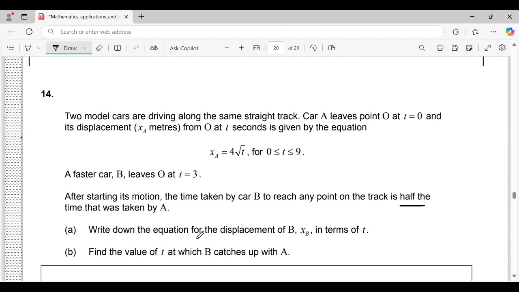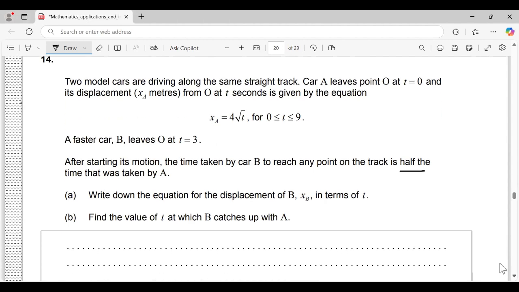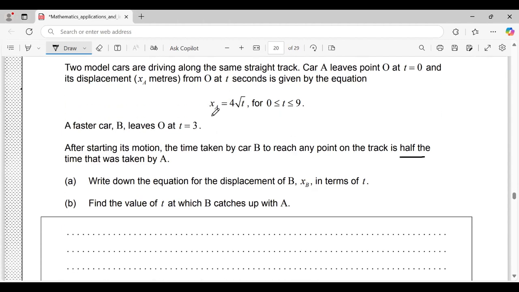Write down the equation for the displacement of B, xB, in terms of t. So we are going to convert this, since xA becomes xB, but in terms of t. According to this information, xA equals 4 square root t.